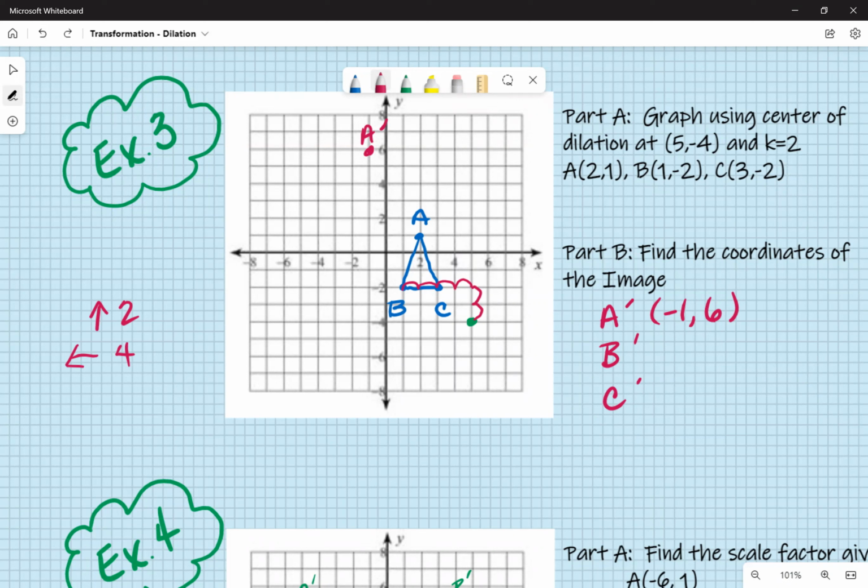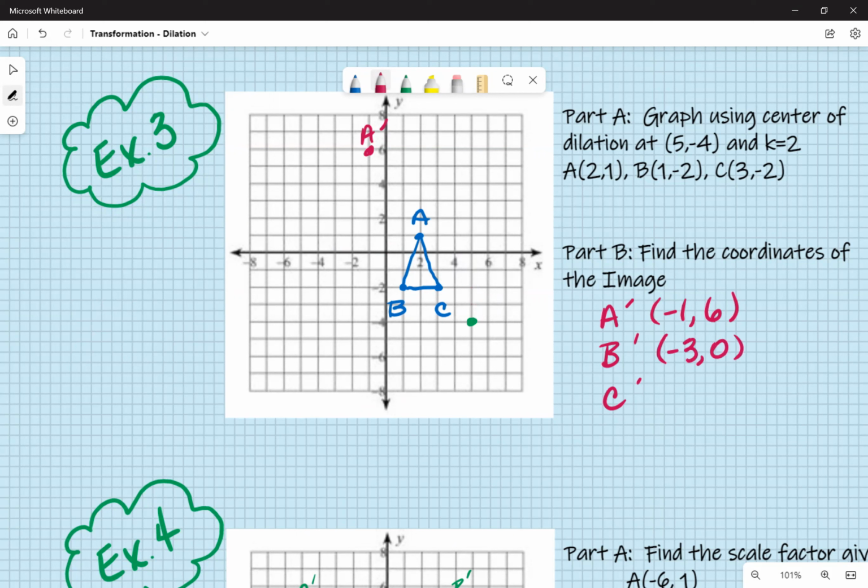I'm going to go up again 2, 1, 2, and then to the left 4, 1, 2, 3, 4. So my new point there is going to be -3 and 0. You could just immediately write it down. I just have to get rid of these little squiggly lines, otherwise it's going to be in my way. So that was -3 and 0.